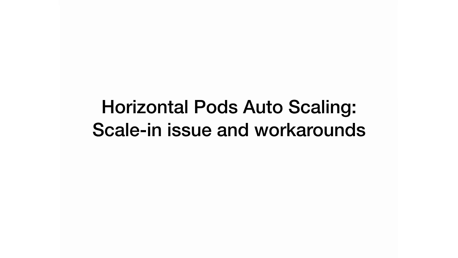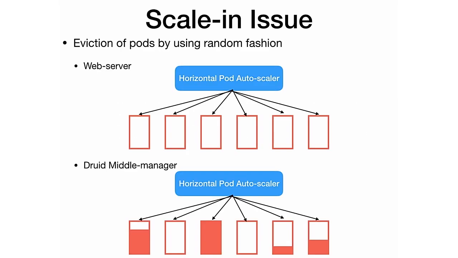Let's talk about the scale-in issue and workarounds when I applied horizontal pod autoscaling. When horizontal pod autoscaler triggers scale down for pods, it chooses some victims by its internal logic. The logic has precedence rules to select a victim.